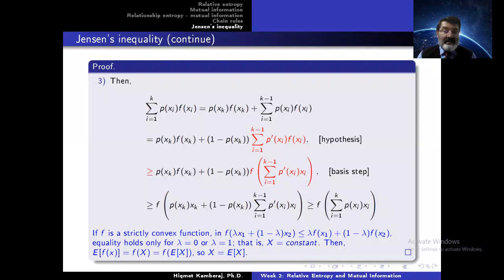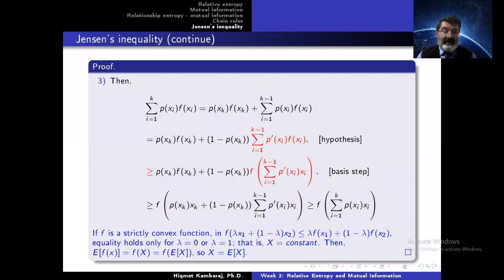Then if I use this, this is further greater or equal to f of p of xk times xk plus 1 minus p of xk times the sum of i from 1 to k minus 1, p prime of xi times xi. Now, if I write this sum, this will give me p of xk times xk plus 1 minus p of xk times p prime of xi times xi, which gives me p of xi.